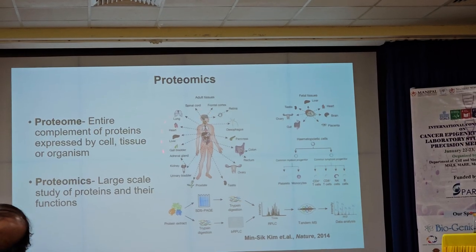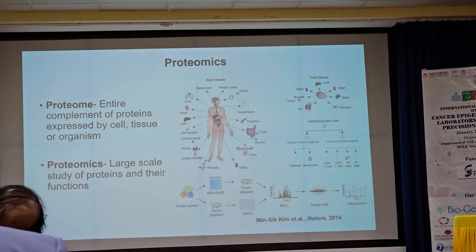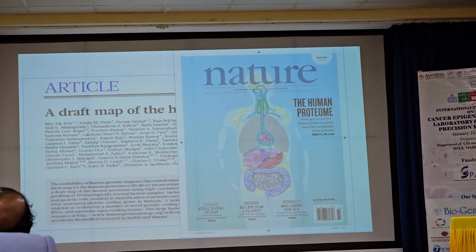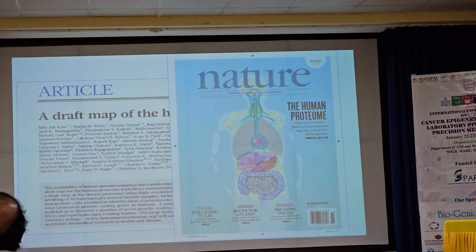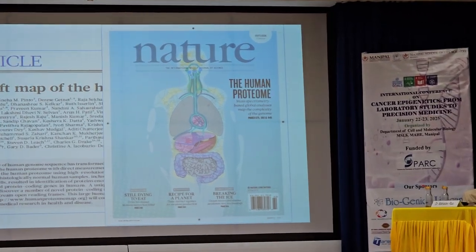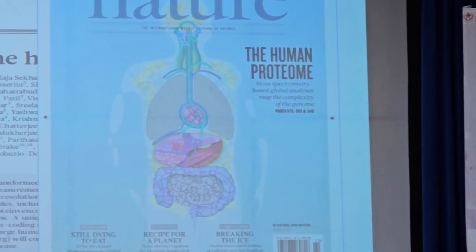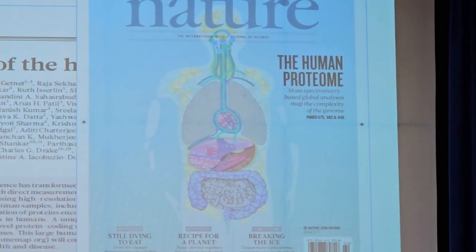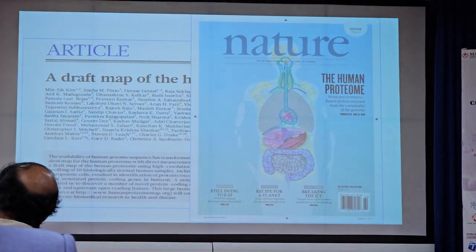We have done this for several organs of human for the first time, and it appeared on the cover of Nature. This is the first draft map of the human proteome, and 90% of the authors here are from Bangalore. We Indians never participated in the draft map of the human genome, but we Indians led the draft map of the human proteome for the world.